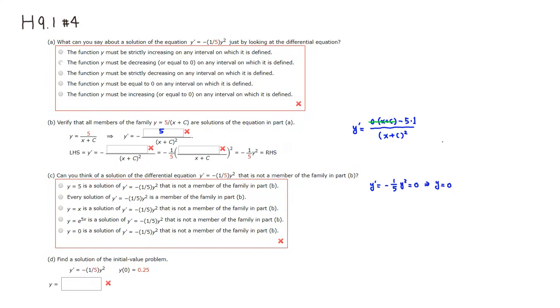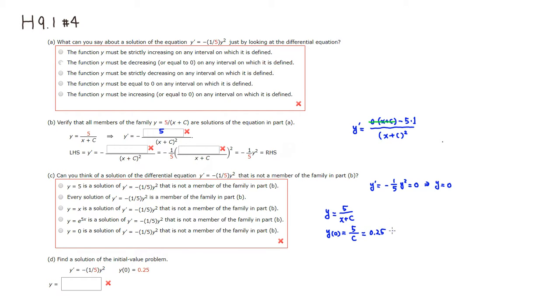All right, and then let's do the last part, part D. You have an initial condition given, and we're trying to find the solution. So we know the form of the solution is y equals 5 over x plus c. Right? So if you plug in x equals 0, y of 0 is 5 over 0 plus c, so it's going to be 5 over c, which is equal to 0.25. Right?